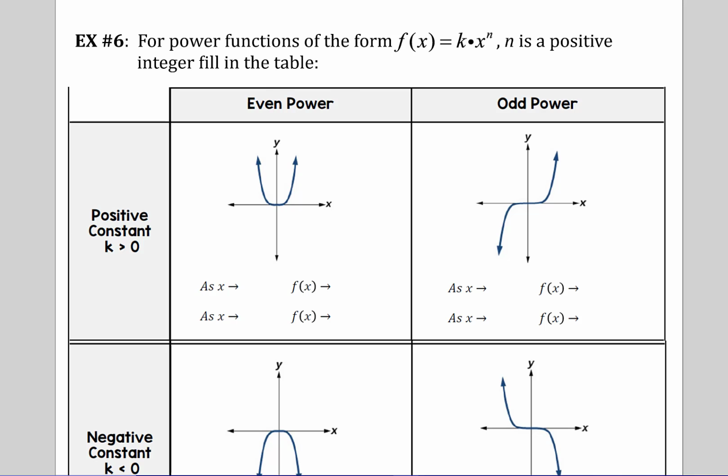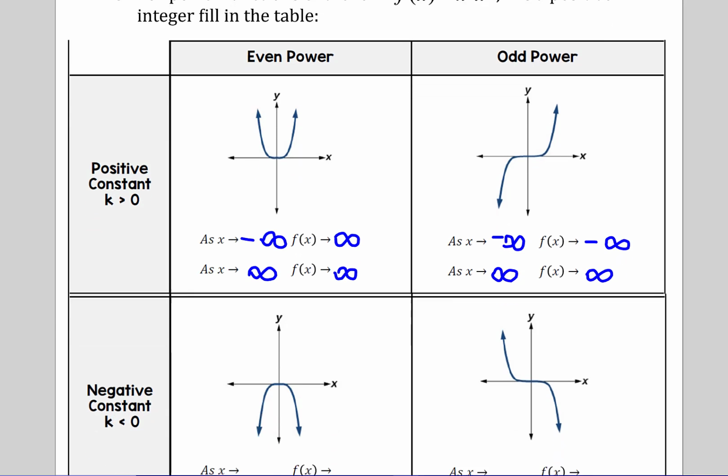And here you can see for the extreme behavior, or just summarizing that end behavior, when x is heading to negative infinity, the y's are unbounded upward on both sides in either direction. But on an odd power function, when you go to negative infinity, y's go down, and as you head to positive infinity, y's are unbounded upward.